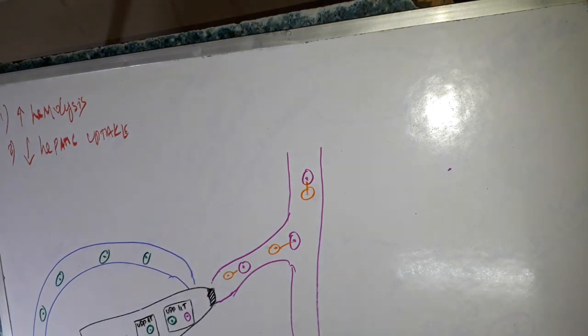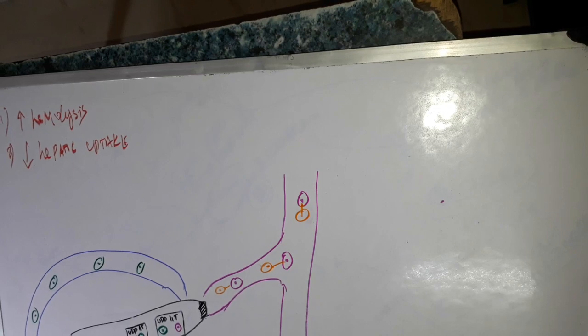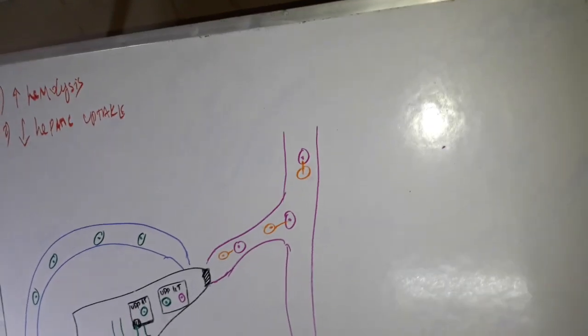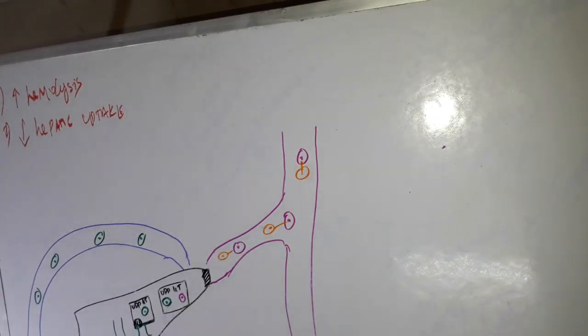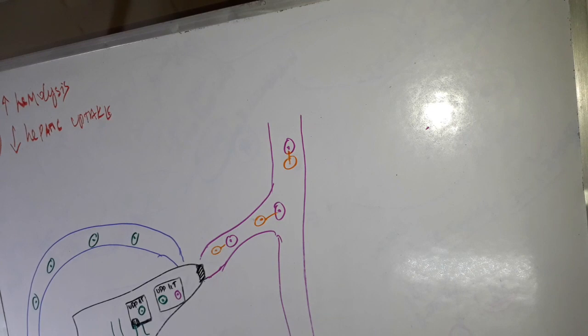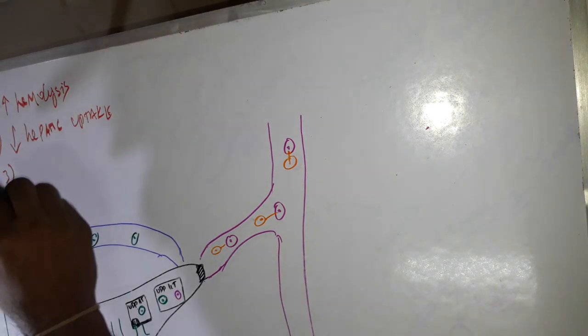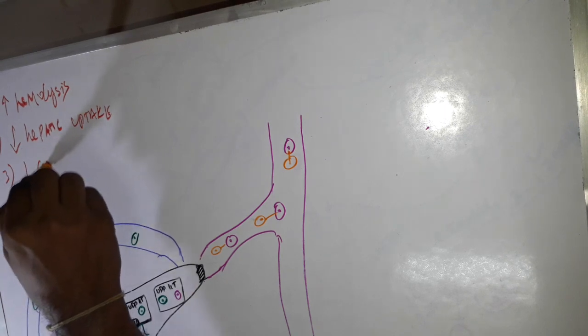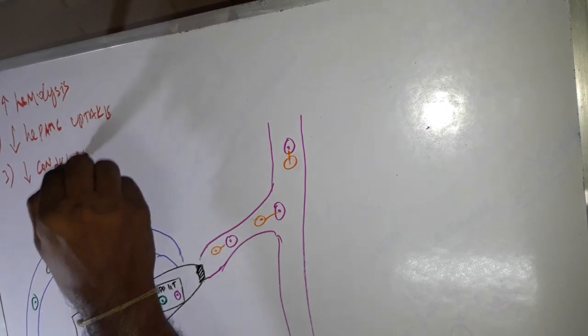Okay, now what if there is a defect in the UDP glucuronosyltransferase enzyme? Fine. So your bilirubin is normal, your liver accepts the bilirubin, but your UDP glucuronosyltransferase says, no, I will not conjugate it. Fine. So you have the defect in conjugation, decreased conjugation. Okay.